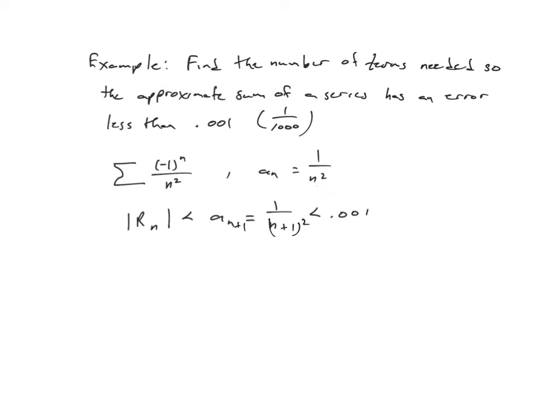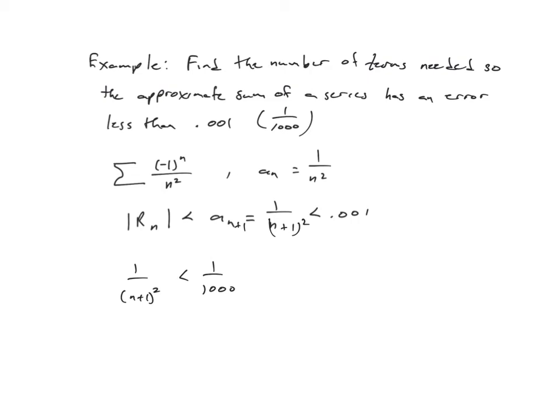By our remainder theorem, I know that the absolute value of the remainder is less than or equal to the next term, which in this case is 1 over (n plus 1) quantity squared, and I want that less than 0.001. So 1 over (n plus 1) squared has to be less than 1 over 1,000.